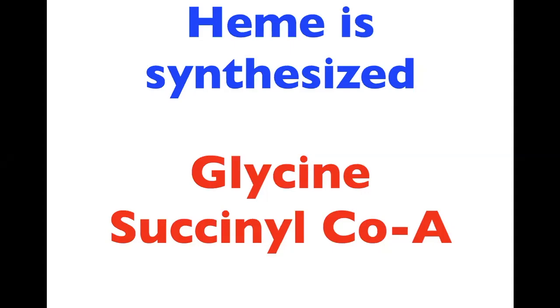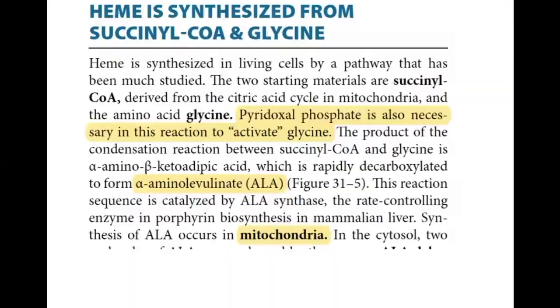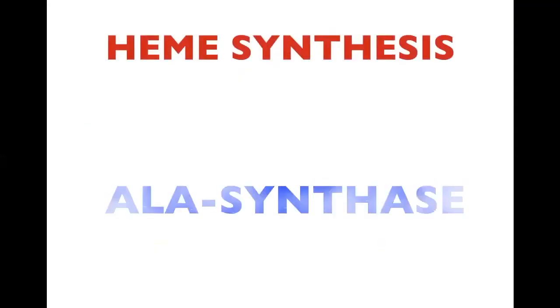And don't forget, step number 1 involves what 2 substances? It involves succinyl-CoA and glycine. Now, don't forget, the rate-limiting enzyme is ALA synthase. Do not take the boards if you don't know this.